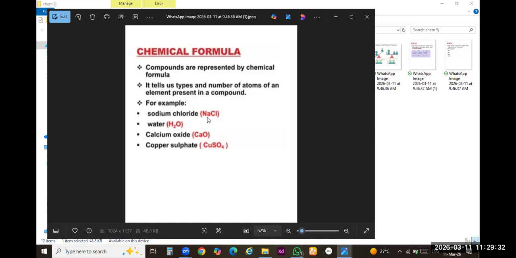Basically, these are the steps just to identify which one is positive, which one is negative, and what the valency is. It's only for your understanding. Once you understand, no need to write it again and again. You can put these signs in your rough work. Clear, class?